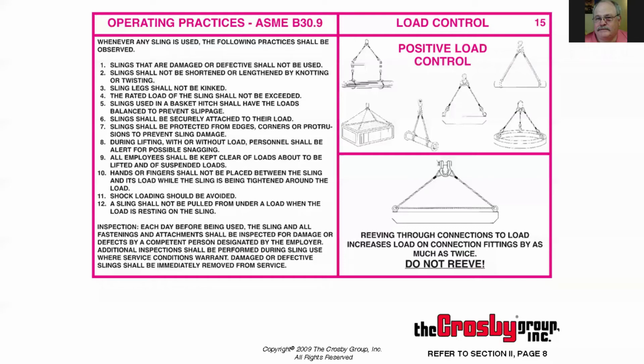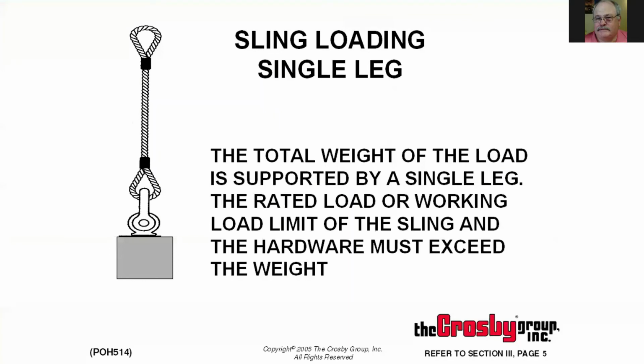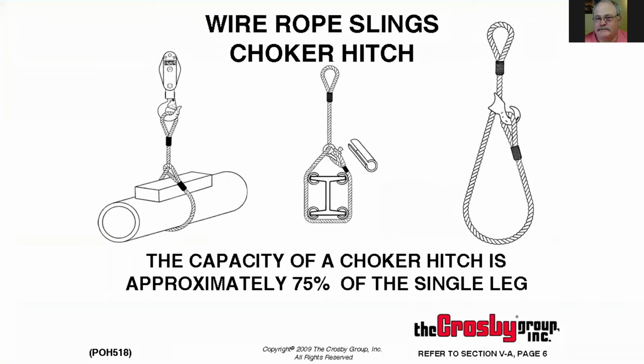You're going to get slings and buy slings, and all slings have to have a tag on them. On this tag will be the vertical capacity, the choker capacity, and you'll see it says V basket, which is the vertical basket capacity. Vertical is just straight up and down, where the total weight of the load is directly on the sling. With a choker, there are various ways of doing a choker hitch, either with one eye going through the other around the load, or using a shackle.